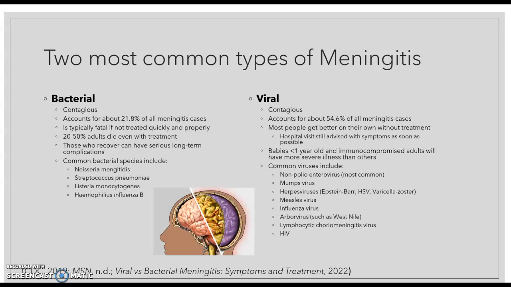Viral meningitis, on the other hand, will typically resolve without treatment, though going to the hospital is still advised as soon as you notice symptoms. Some people will feel effects more than others, such as infants and immunocompromised people. And common viruses that lead to meningitis include the enteroviruses, which are the most common, and several other viruses that I have listed on this slide.